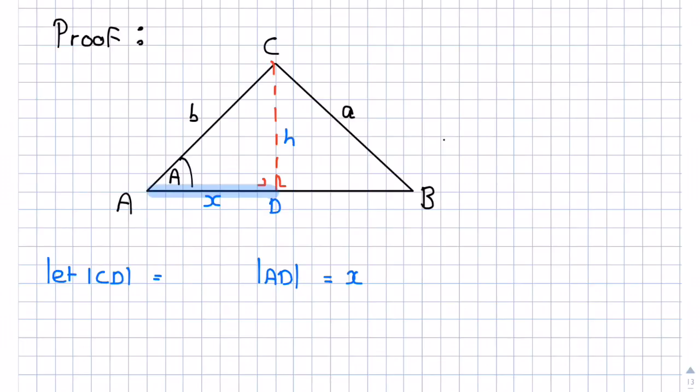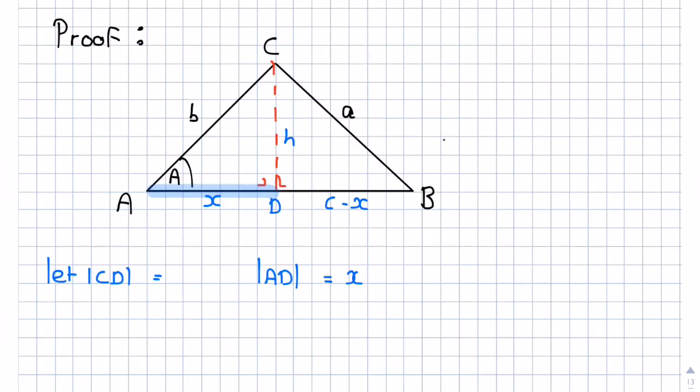Now remember, the whole length of the bottom was C. So if that small part on the left is X, then this part on the right must be C minus X. Okay, so we have everything we need now on the triangle. We have our triangle ABC.